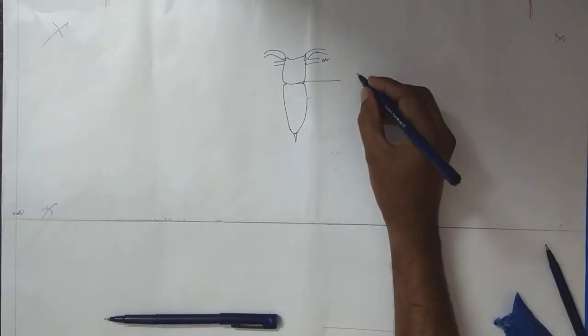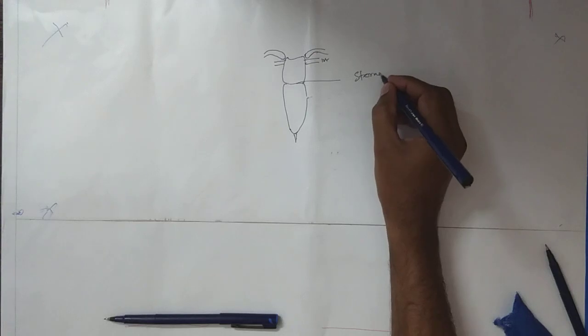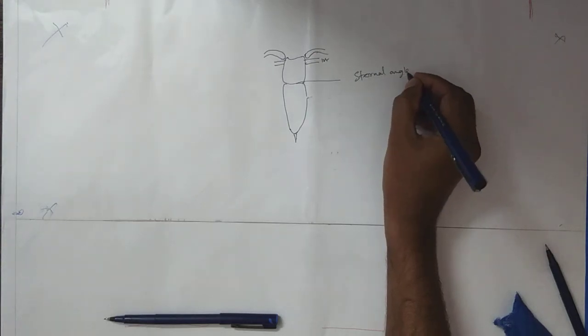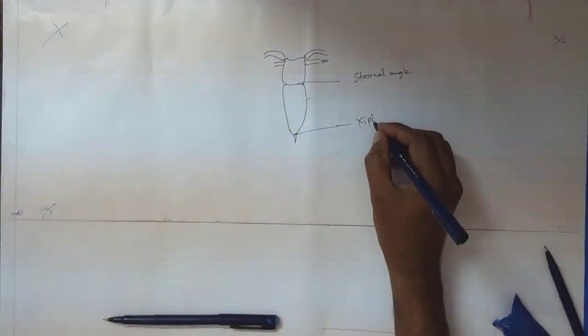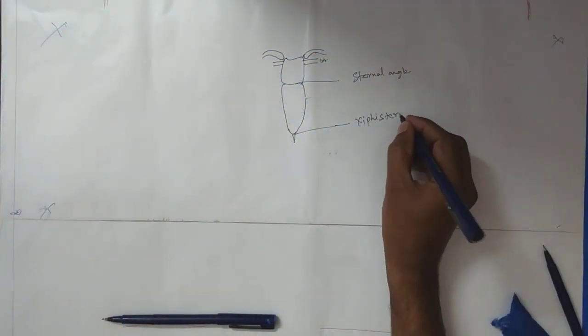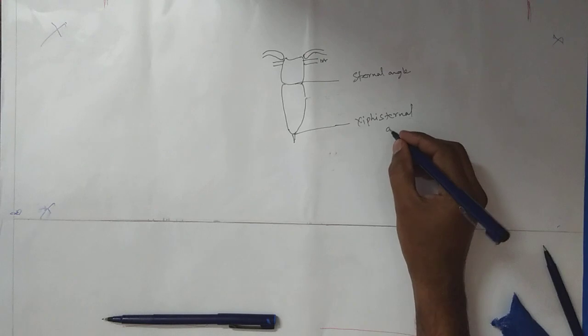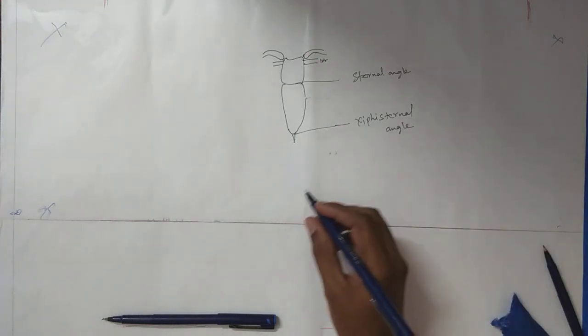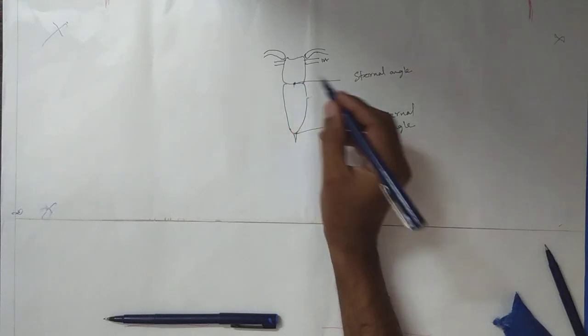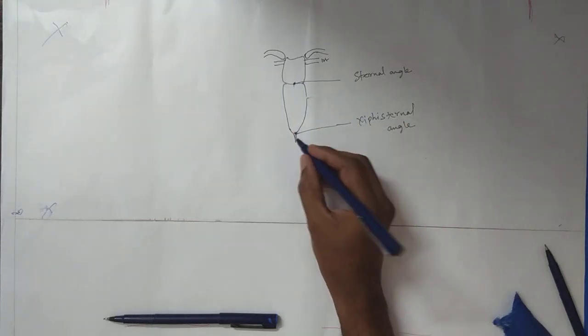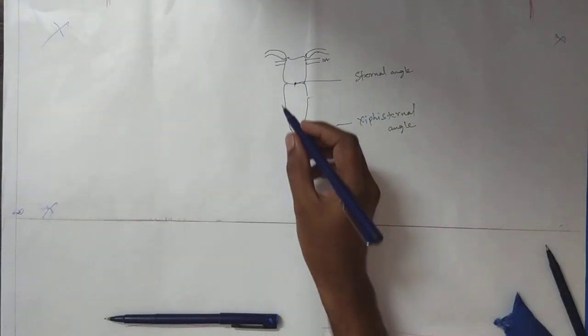This is the sternal angle. This is the xiphisternal angle. So here we need to know a few points. This will be the midpoint of the sternal angle, midpoint of the xiphisternal angle.